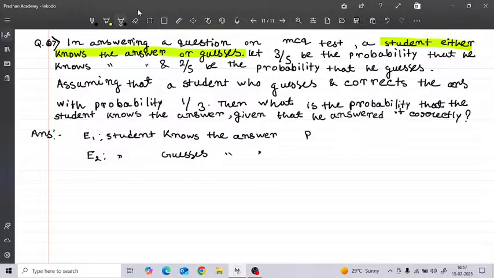Now probability of E1 is 3 by 5 and probability of E2 is 2 by 5.